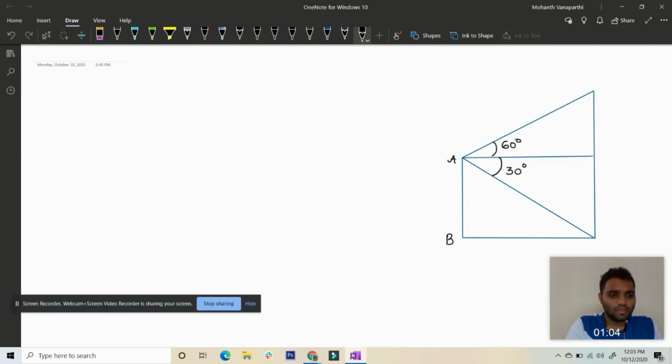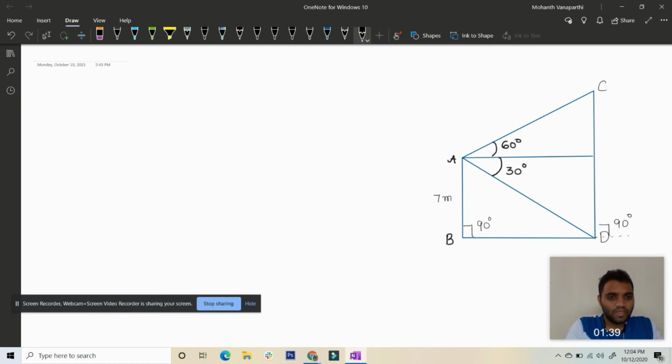AB represents the length of the building, which is given as 7 meters, and CD represents the length of the tower, which we have to find out. AB will be 90 degrees, nothing but the building will be perpendicular to the ground, and the tower will also be perpendicular to the ground.